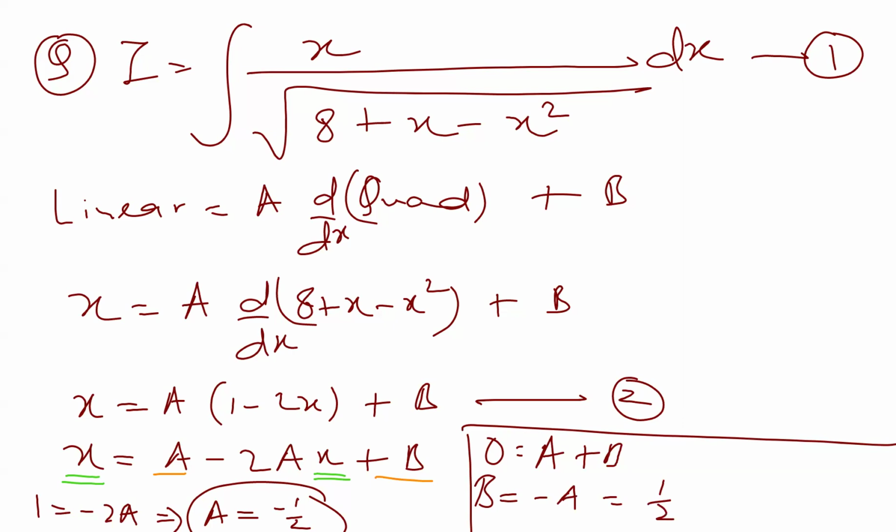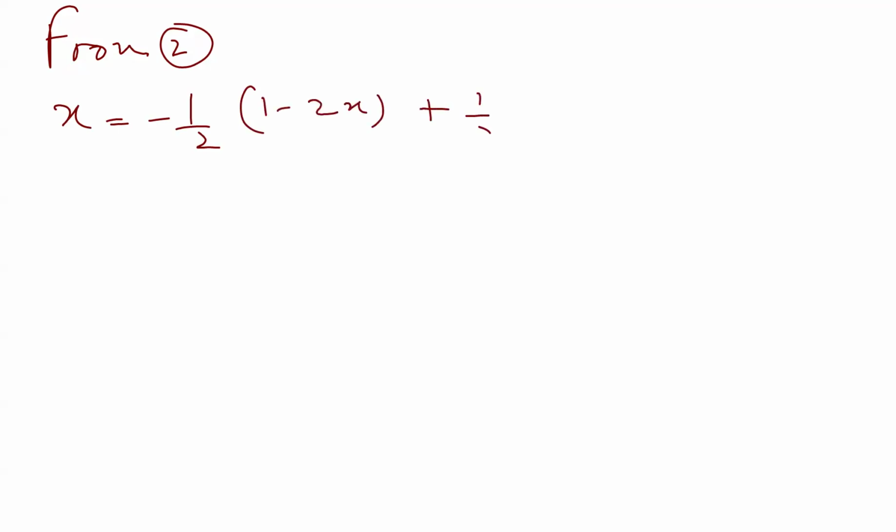Okay. Put the values of a and b in equation number 2. So from 2, x is equal to a, which is minus half, into 1 minus 2x, plus b, which is half. Okay, now from 1, integration of, we got the value of x.